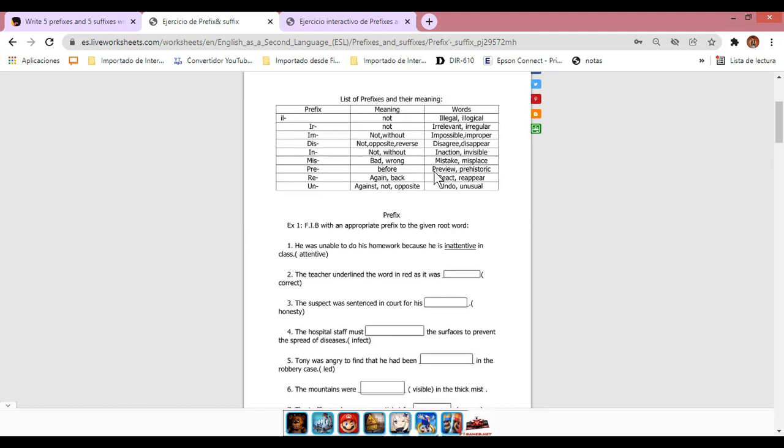For example, preview, prehistoric. Re, something that you do again, or back: react, reappear, redo, repeat. Un, something that is against, not, or opposite. Undo, unusual.